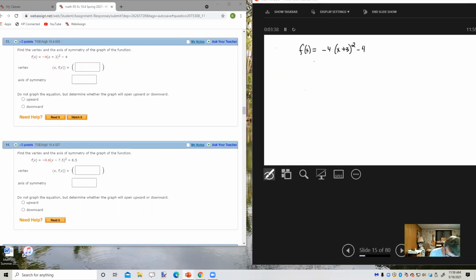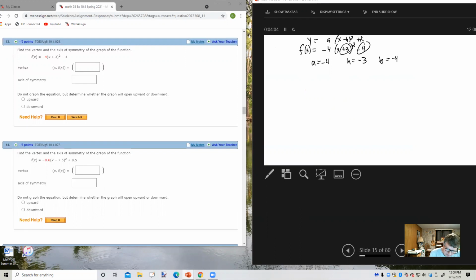Let's just do this. a is -4, right? And h is -3 and k is -4. Keep in mind, if we think of it as y equals a times x minus h squared plus k, x plus 3 would be x minus -3. So outside it's what's obvious, and inside it's the inverse of what's there.